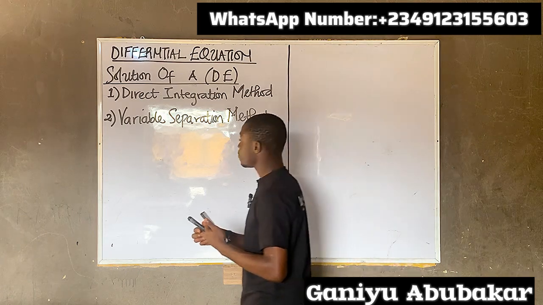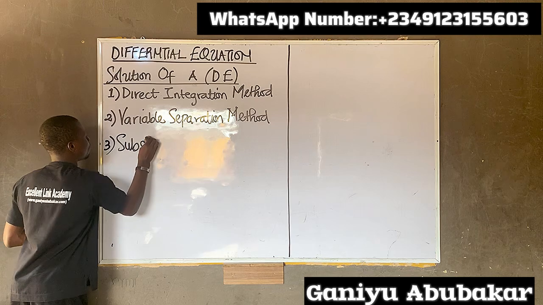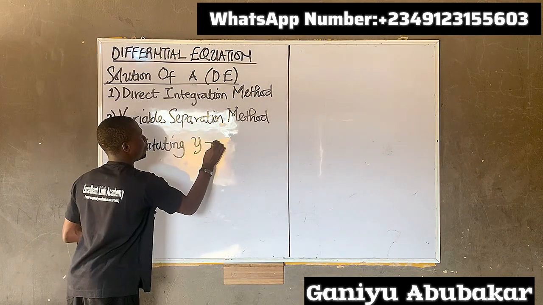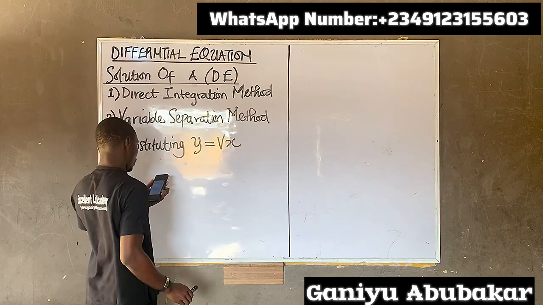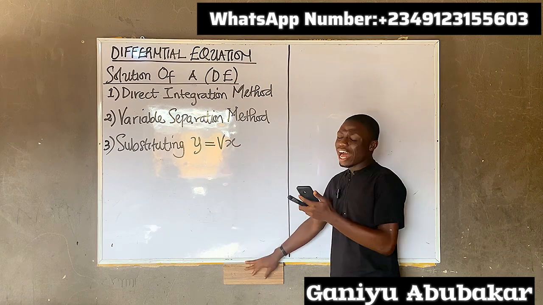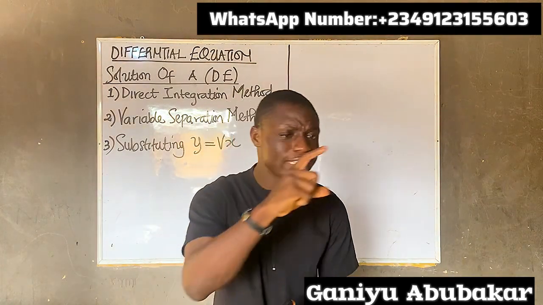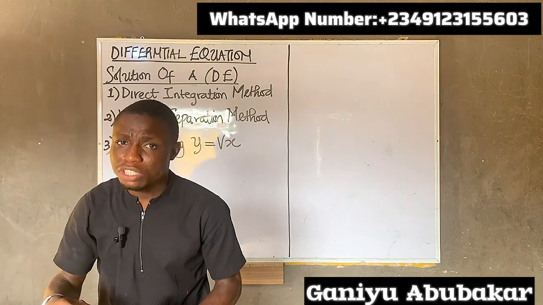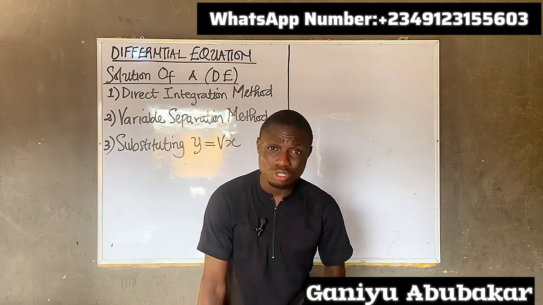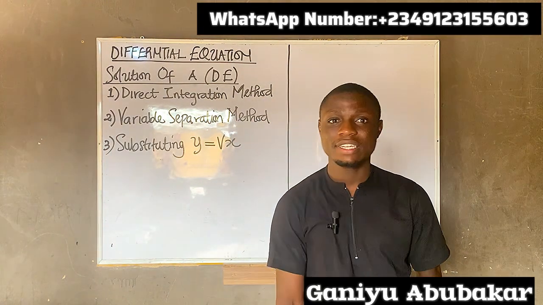Number three there is substituting y as being equal to vx. Please, this number three is not actually a method. There are some cases where the differential equation given, you can't use direct integration to solve it. You can't use variable separation. You have to change y as being equal to vx.